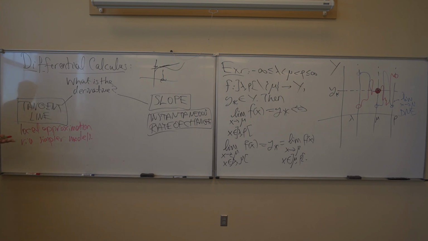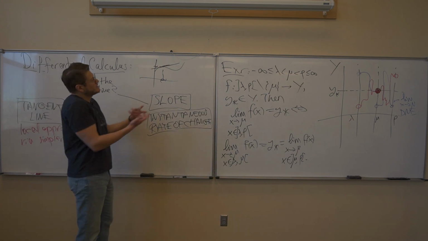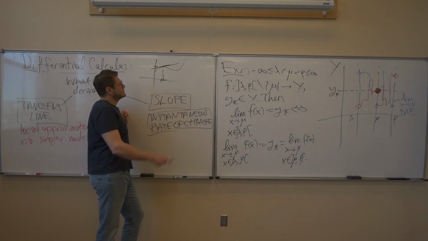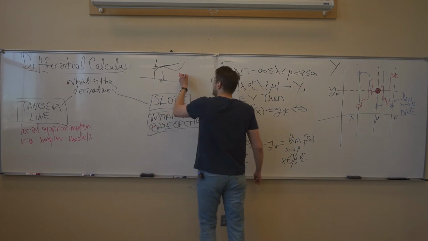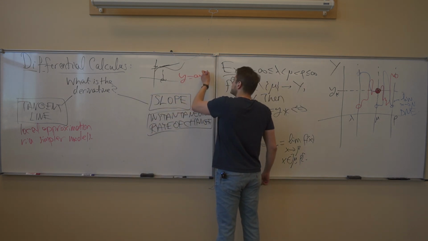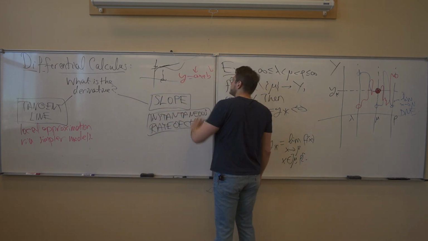Now you could say, why am I thinking of linear functions or affine functions, y equals ax plus b, to be the simpler models? Well, it comes from intuition in a sense. To describe a line, all you need is two numbers.